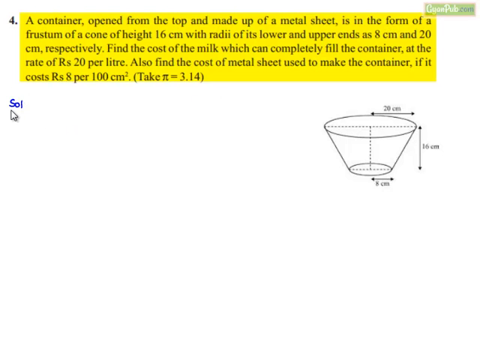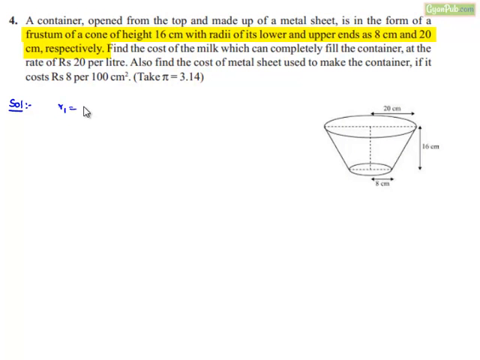Now coming to the solution. Here he has given a vessel in the form of frustum in which the milk is poured. The dimensions of the frustum are: the radius of the largest circular portion is 20 centimeters and radius of smallest circular portion is 8 centimeters, and the height of the frustum h is given as 16 centimeters.